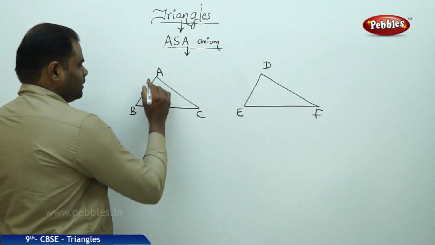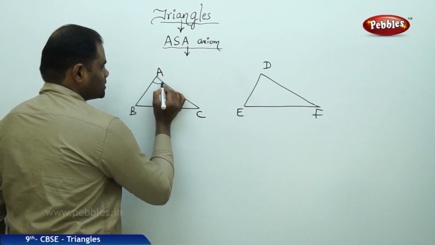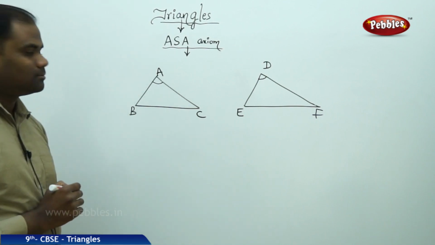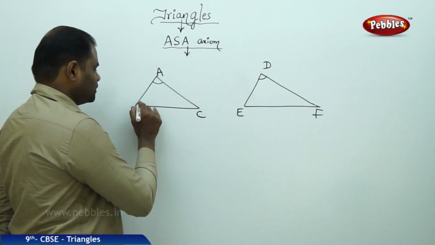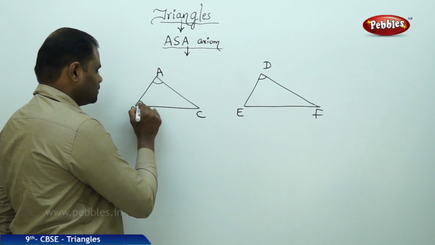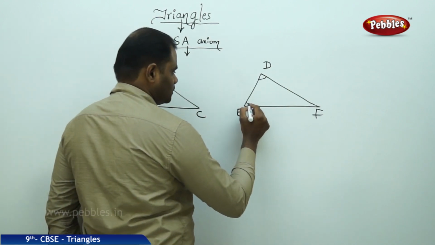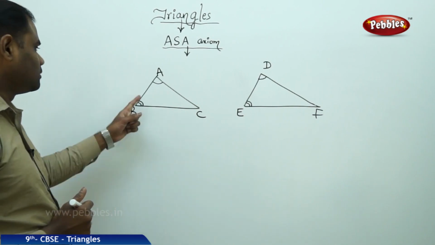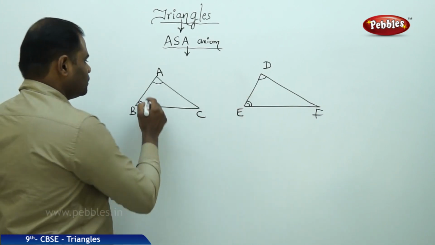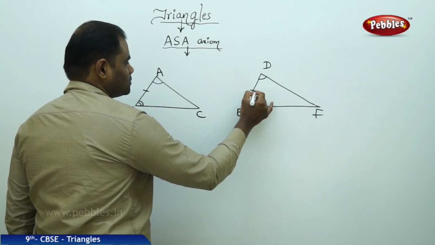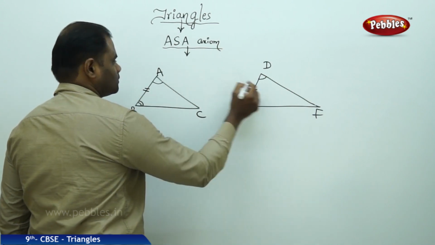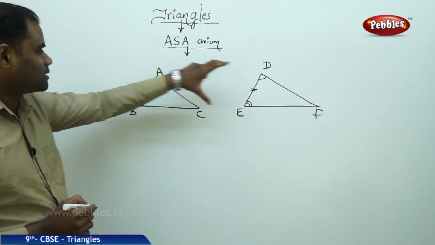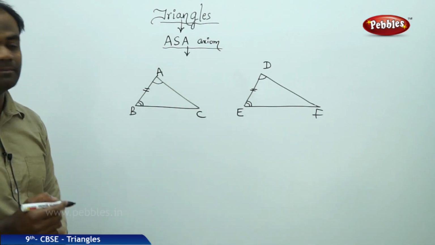Now let's say my angle A is equal to angle D, and my angle B is equal to angle E. So with the two angles being equal, my inclusive side is AB, obviously which should be equal to DE, is how I understand the inclusive sides AB and DE.